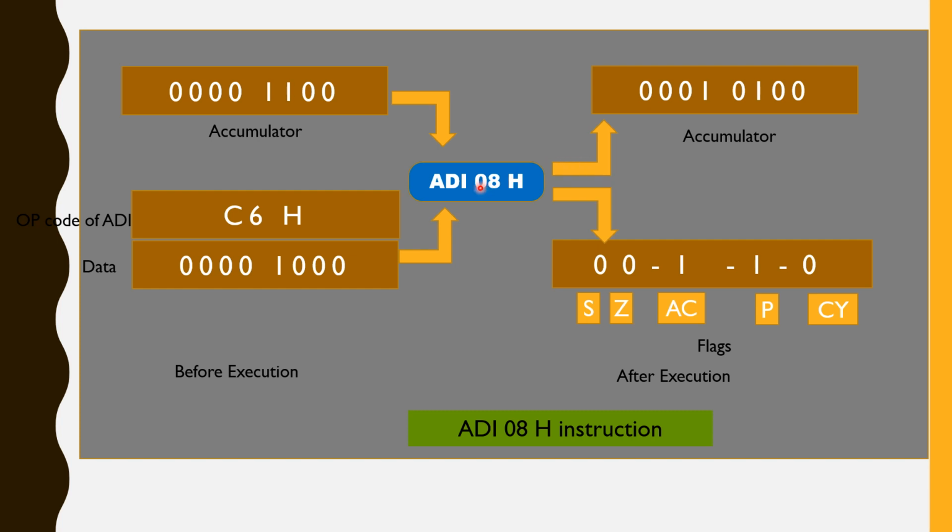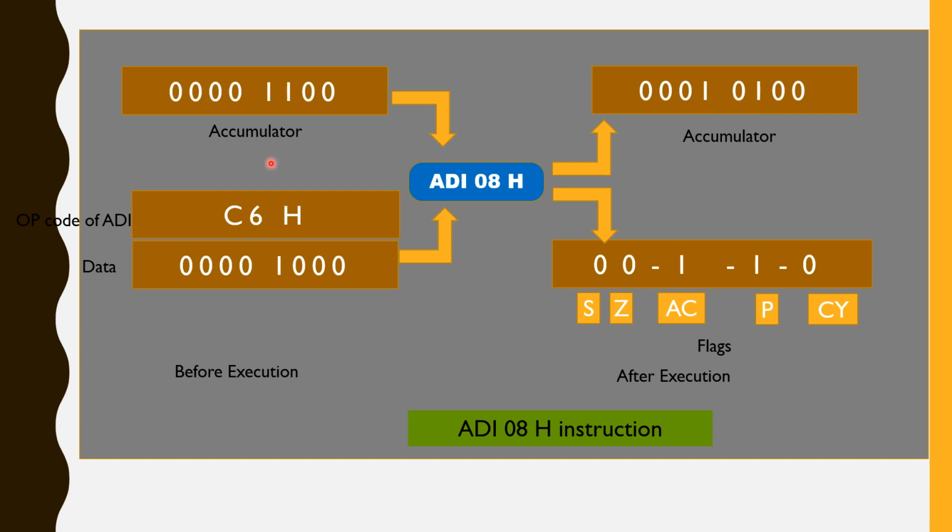So this 0 will represent all these 4 zeros and this 8 will represent 1000. In 11th standard, previously, we learned how to convert hexadecimal notation into binary notation. So for ADI, the opcode is C6 and 08 is the data. So whenever I add 08 to the accumulator, again the result is placed back in the accumulator.